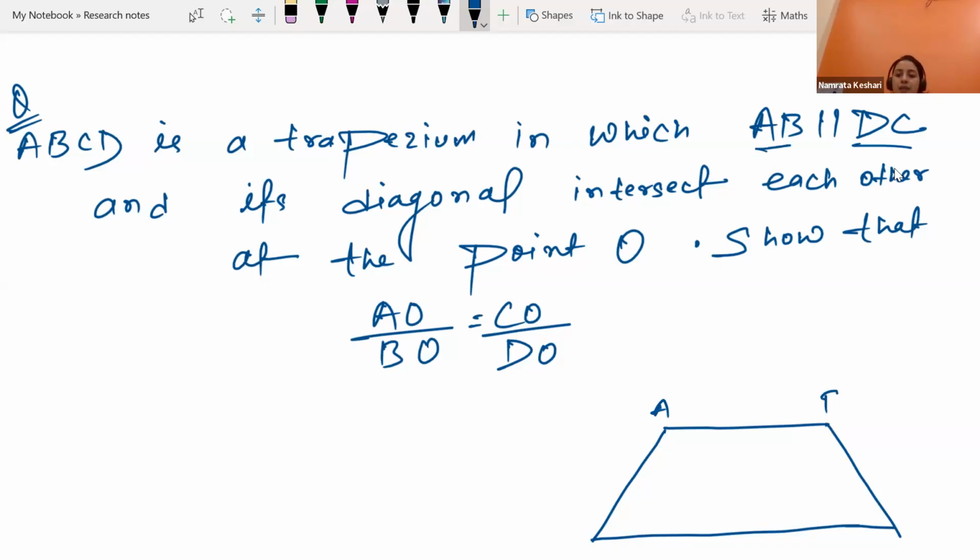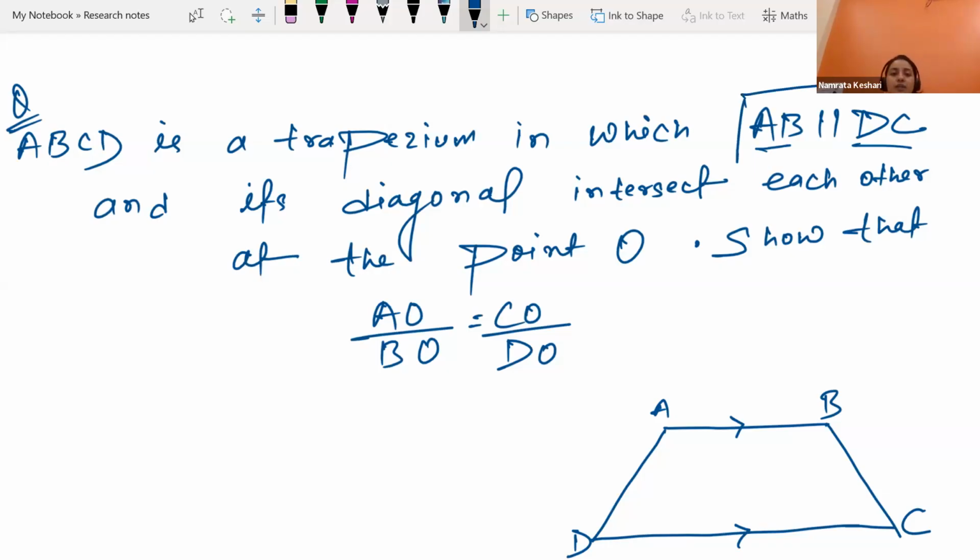These two sides are called the bases, and AD and BC are called the legs of the trapezium, which are not parallel with each other.